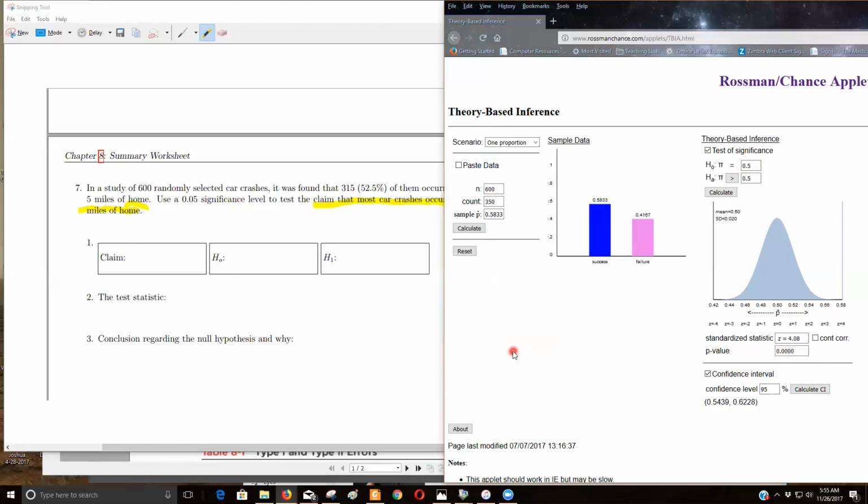We could look at the critical value of Z, which is probably 1.645. I'd have to go look to see, and that's certainly bigger than 1.645. So hopefully this helps you make the decision without being too long.